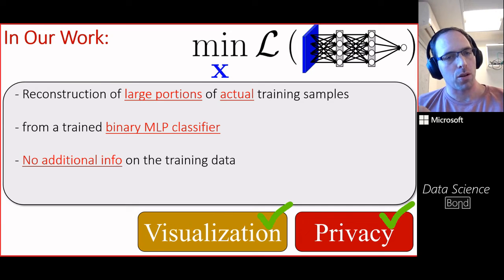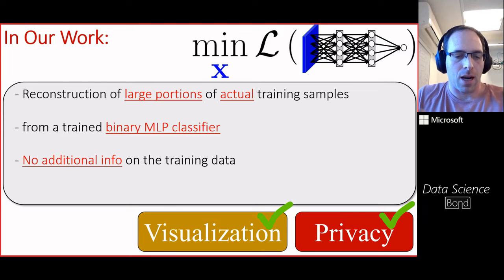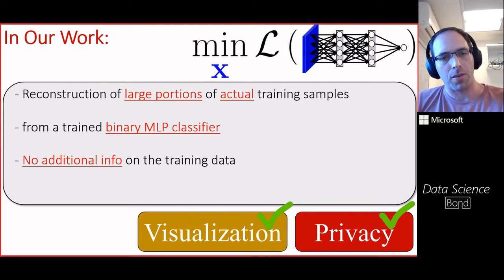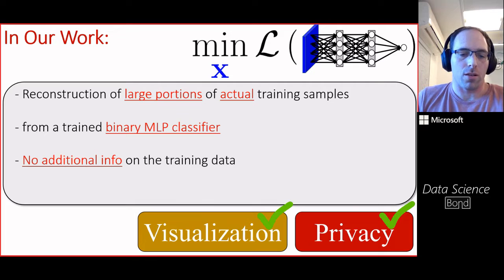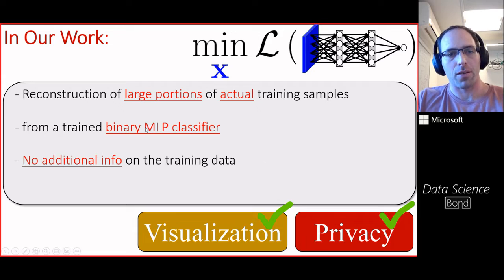We focus on MLPs, which is a kind of neural network, but a fairly simple one. So it's relatively small scale, but still it is the first time that reconstructing large portions of training samples is being shown, even for these relatively small scale networks. And we have no additional information about the training data. We don't want to use any information.